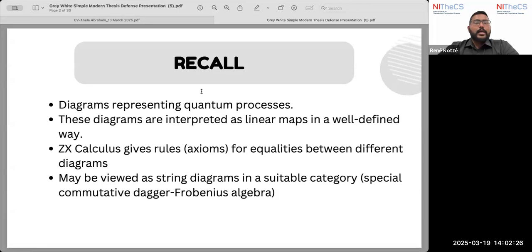And these diagrams can be interpreted as linear maps in a well-defined way. So we have the category of Hilbert spaces with linear maps, and we know how to interpret these ZX diagrams in terms of that category.